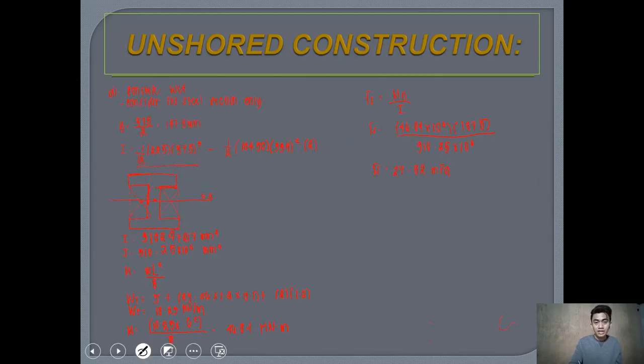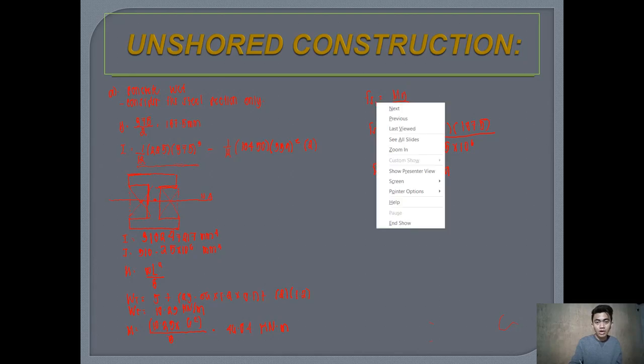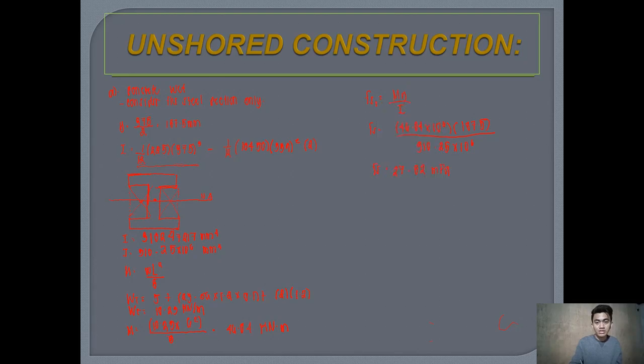So say for example, let us denote Fs here as Fs1, and then Fs1 is 27.82 megapascal. So Fs1 plus Fs2.